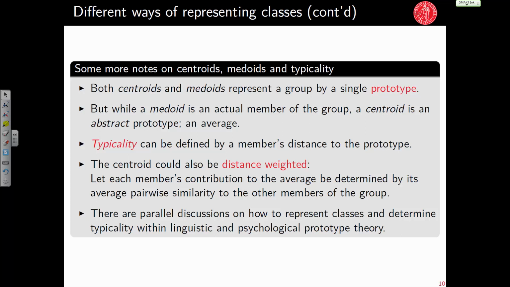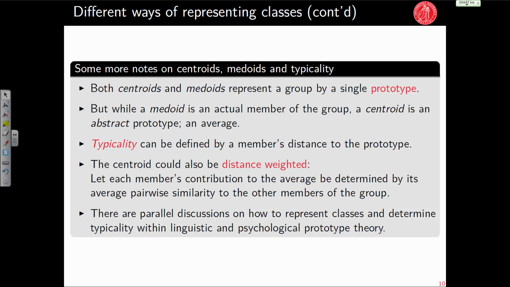If I ask you to give me an example of a typical piece of furniture, you're more likely to say a sofa or a chair than a telephone, for example, or a stool. So we think of objects as being more or less prototypical members of a class. A penguin is a less prototypical example of birds, for example.